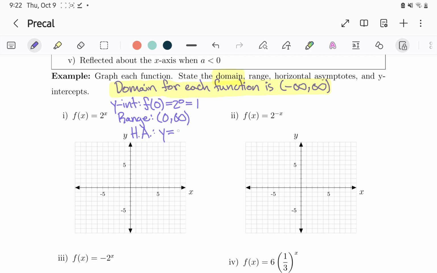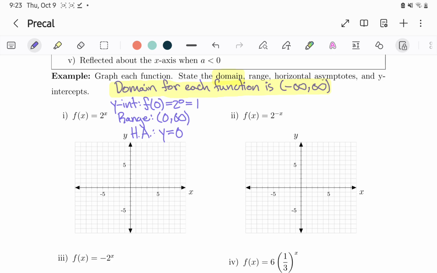And again, as x gets very, very small, the values of f are going to be tending to 0. But of course, 2 to the x is never going to equal 0. There's no x value that's so small that we are going to end up with 2 to the x somehow equaling 0. It's just going to get very, very close to 0, but it's always going to be positive.